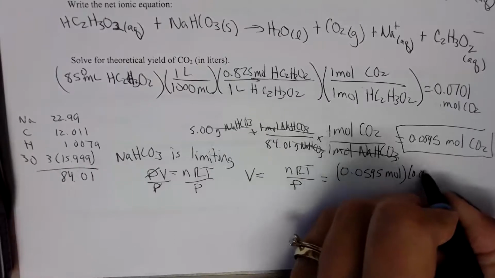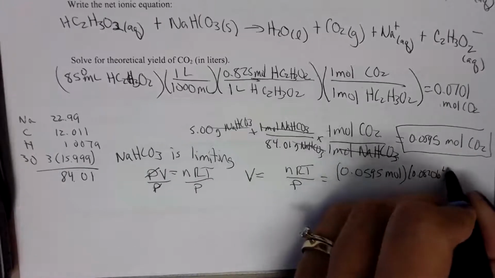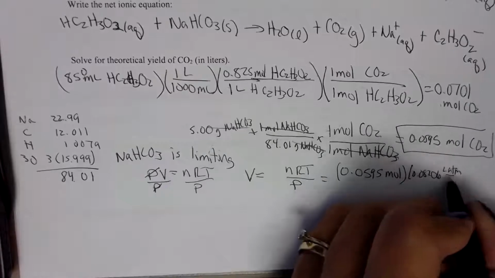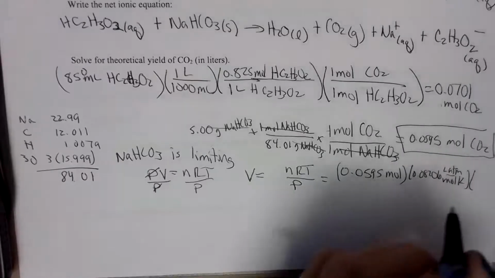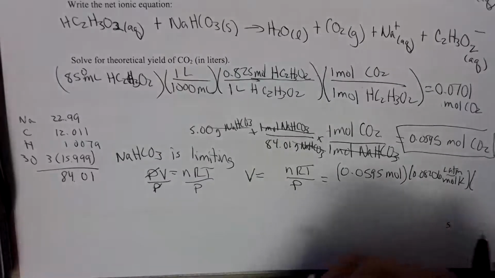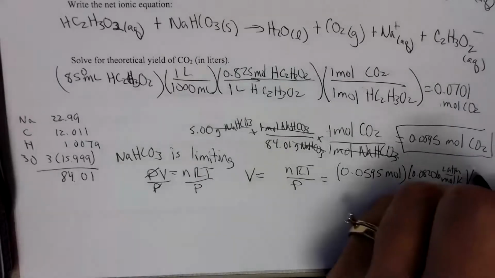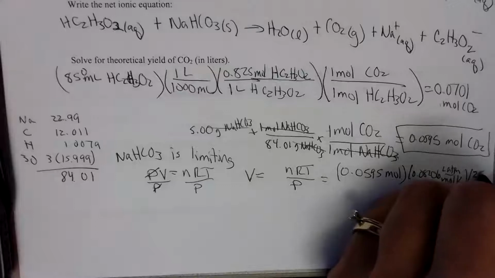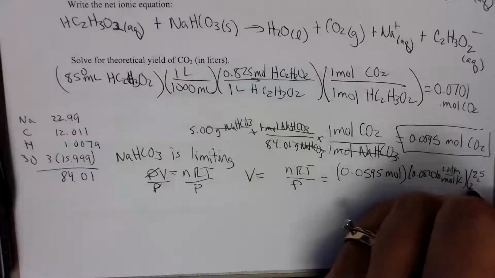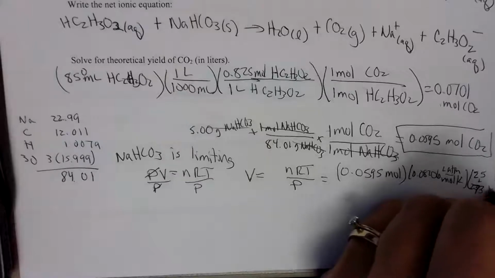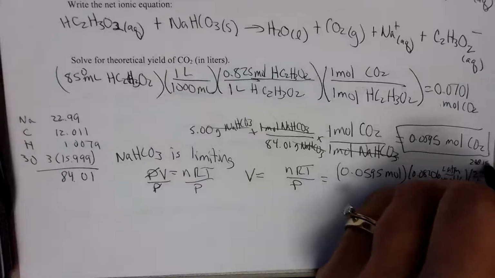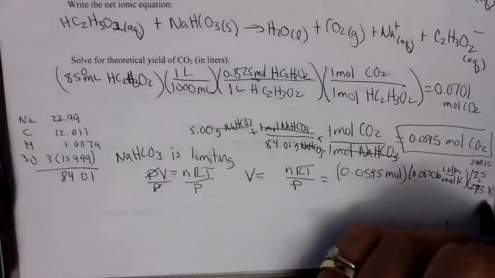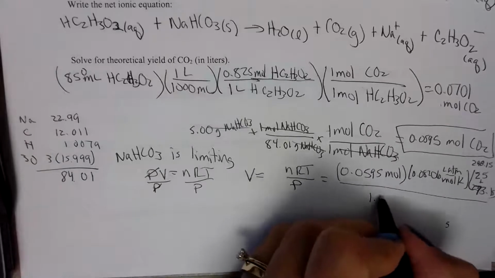R is 0.08206 liter atmosphere per mole Kelvin. Our temperature, it says, is 25 degrees Celsius, so we're going to have to convert to Kelvin. So we do 25 plus 273.15. So our temperature is 298.15 Kelvin. And our pressure is 1.0 atmosphere.